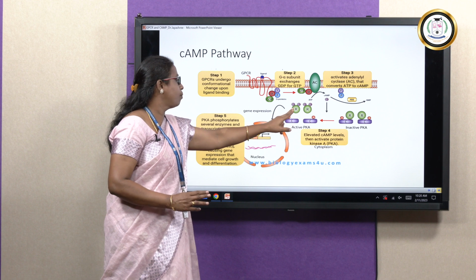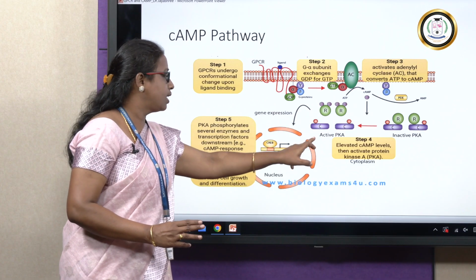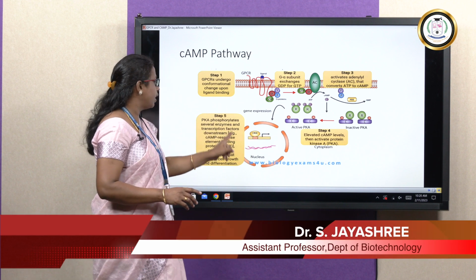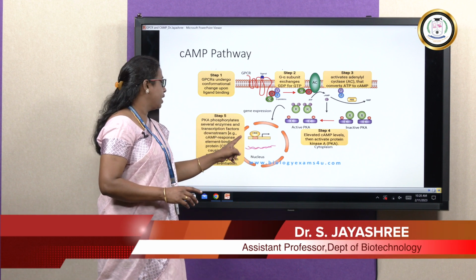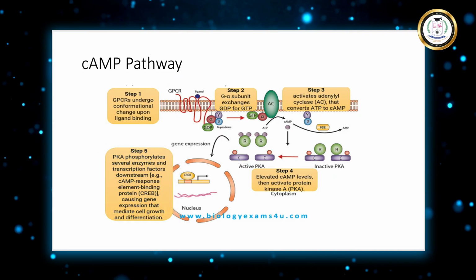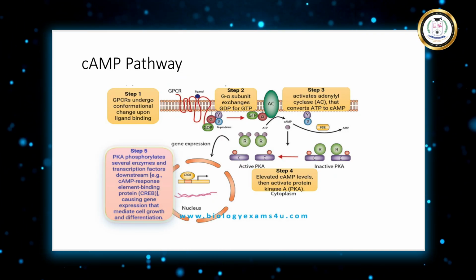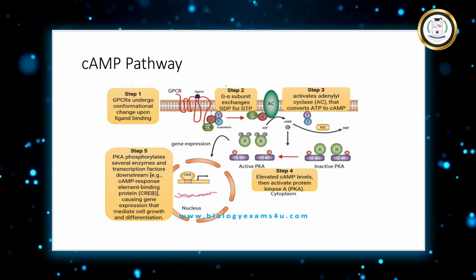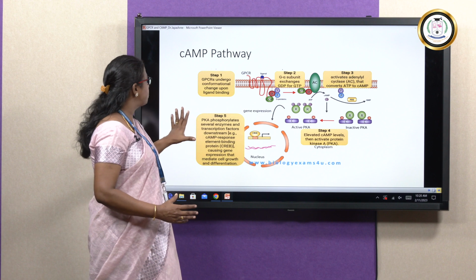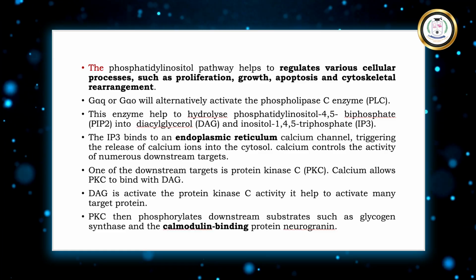In the active form, the regulatory subunit and catalytic subunit are separated. The catalytic subunit goes to the nucleus and binds with the CREB protein. CREB is the cAMP responsive element binding protein, which induces gene expression that mediates cell growth and differentiation. These are all the important steps in the cAMP pathway.